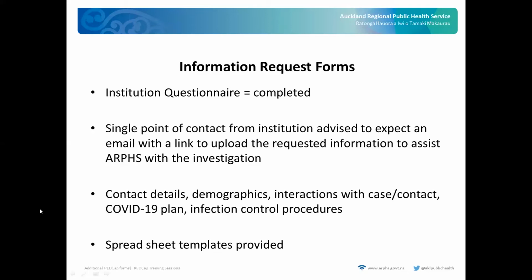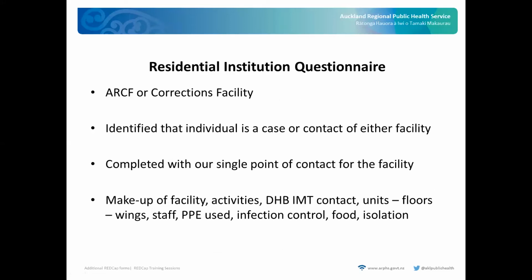Cool. Alright, so where are we off to next on this? Okay, so we also have a residential institution questionnaire. The residential institution questionnaire is exactly that. It's related to aged care facilities and corrections facilities.